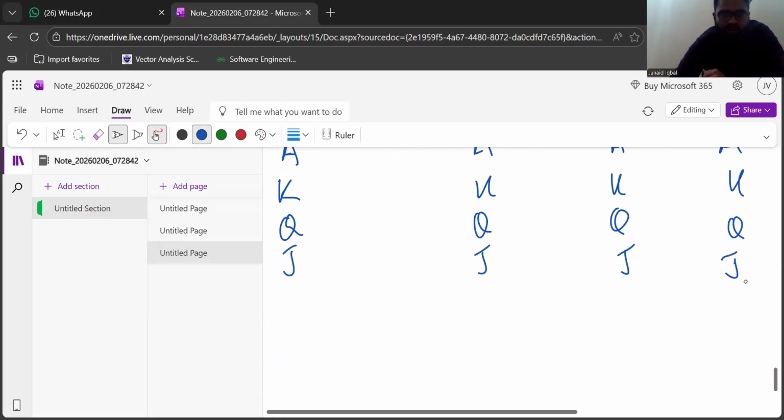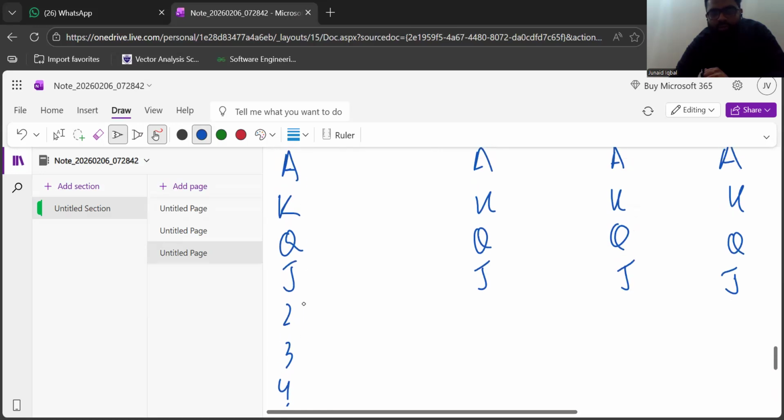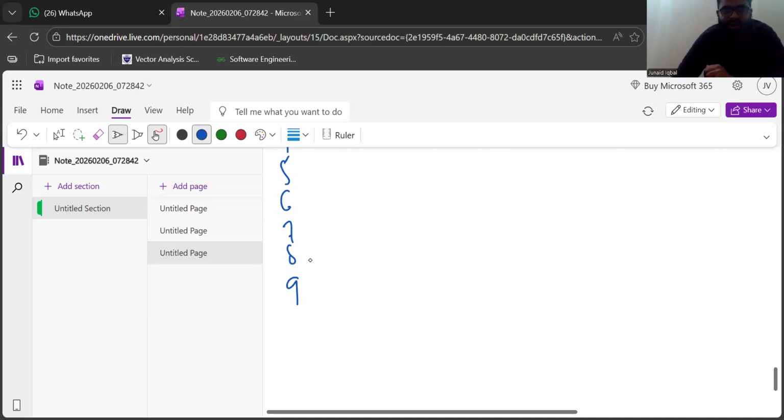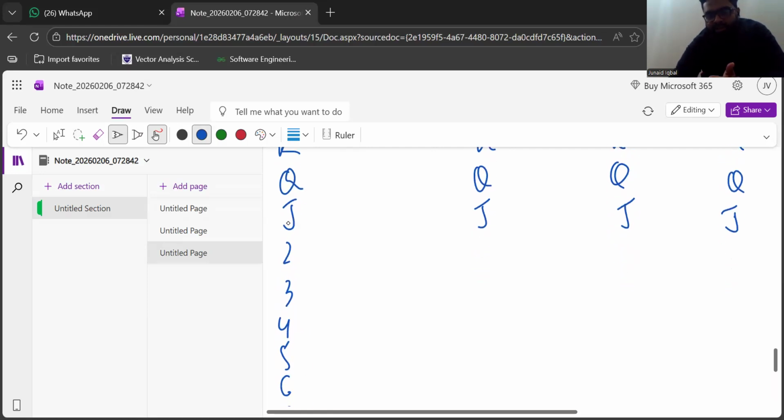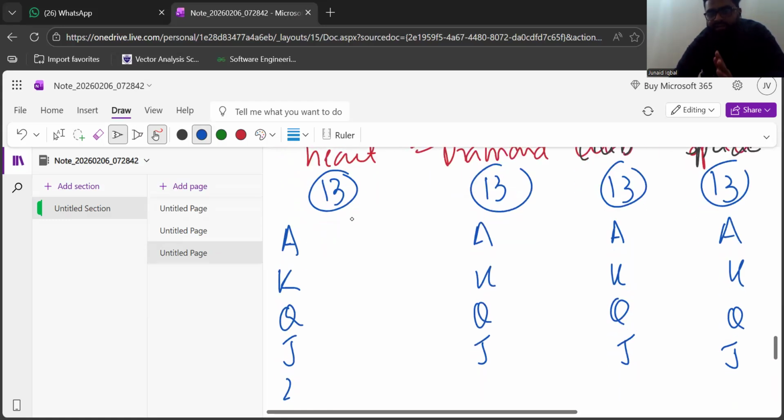Then we have 2, 3, 4, 5, 6, 7, 8, 9, and 10 also. So 2 to 10 are 9 cards, and then jack, queen, king, and ace make 13 cards in each category.